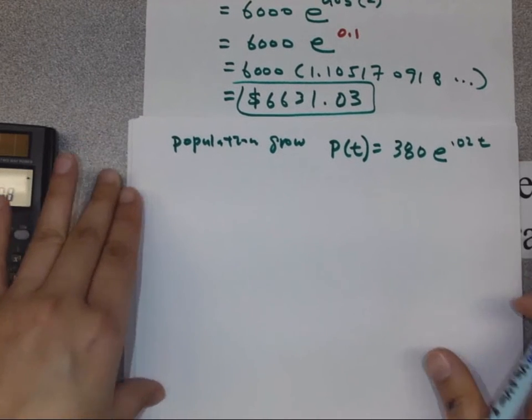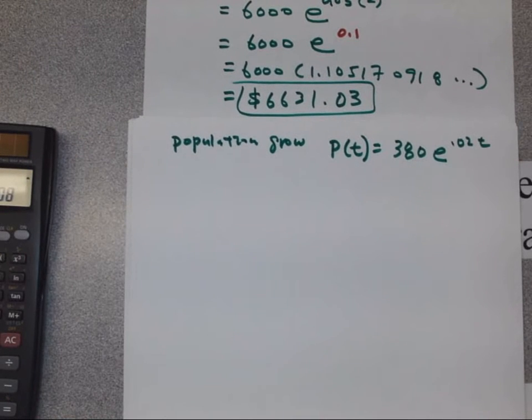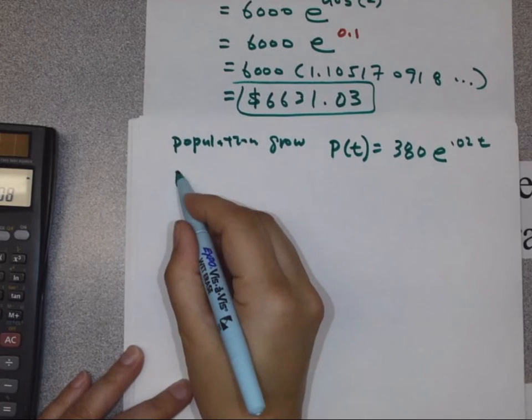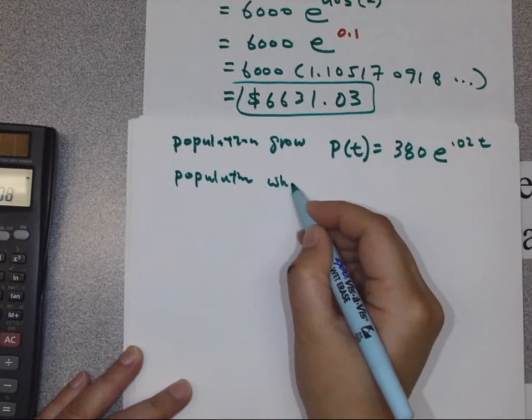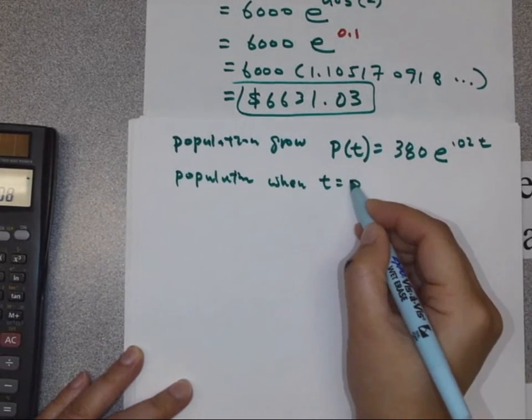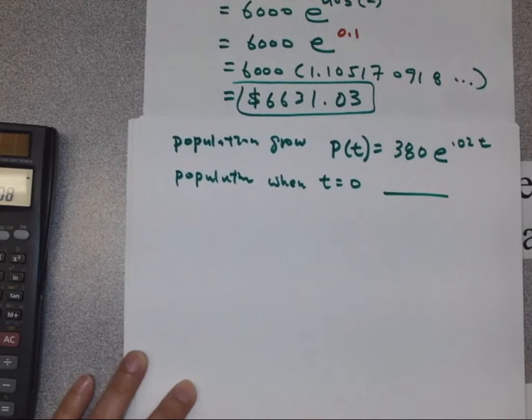So this is your population growth function. They want to know a few things. They want to know what is the population when time equals 0. And then they also want to know the growth rate.